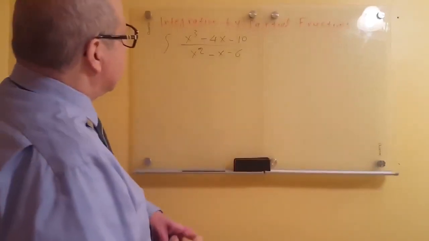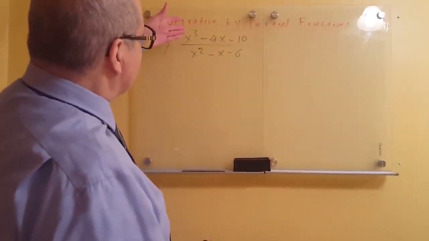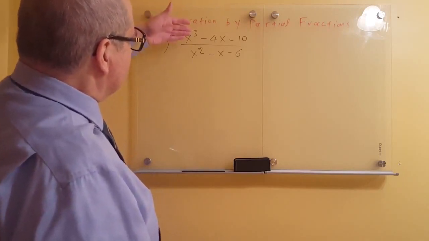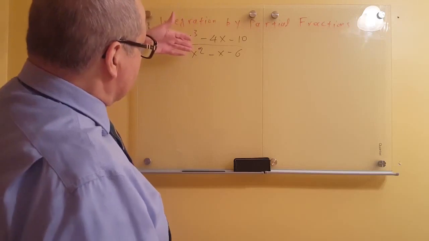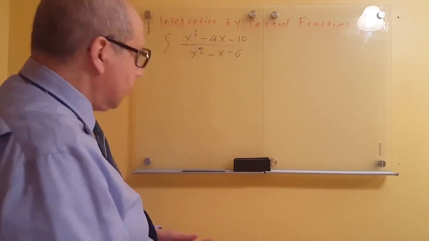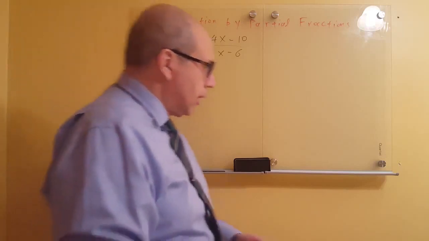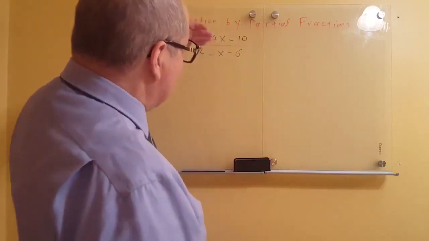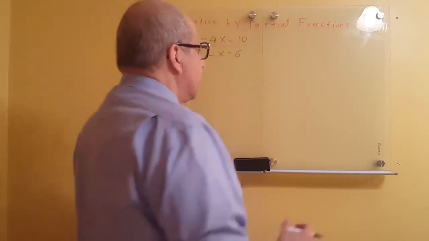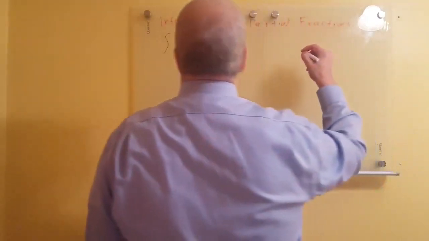Here, as you see, the degree of the numerator is 3 and the degree of the denominator is 2, so the degree of the numerator is greater than the degree of the denominator, and that's why we have to first do the division of polynomials. So let's do the division of polynomials.